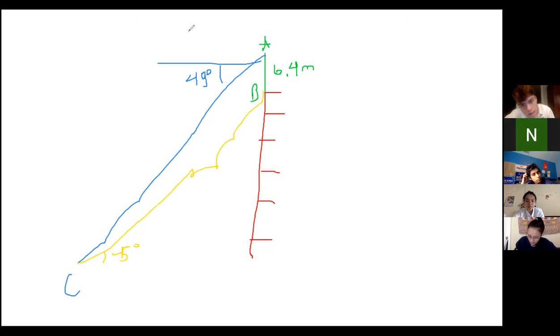Because the ground and the vertical line that you use for the angle of depression are parallel, this angle is going to be equal to this big angle. So this small one is 4 degrees. And then you're going to use sine rule to find BC.